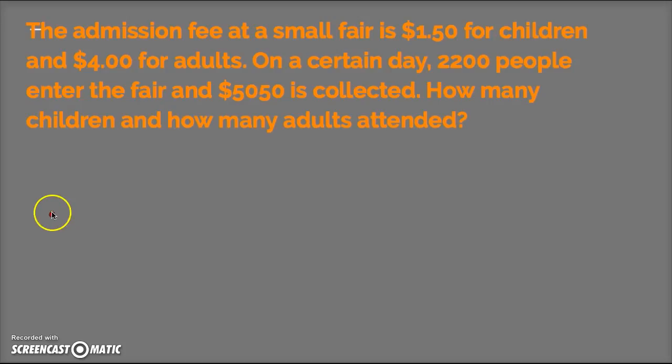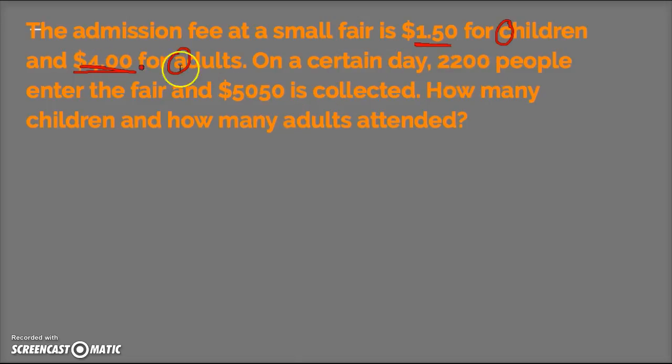Okay, so again, we need 2 equations here. First piece of information they give us is how much it costs. It's $1.50 for children, and I'm going to use a C for children. $4 for adults, and I'm going to use an A for adults. Now, which number is that going to have to total up to?